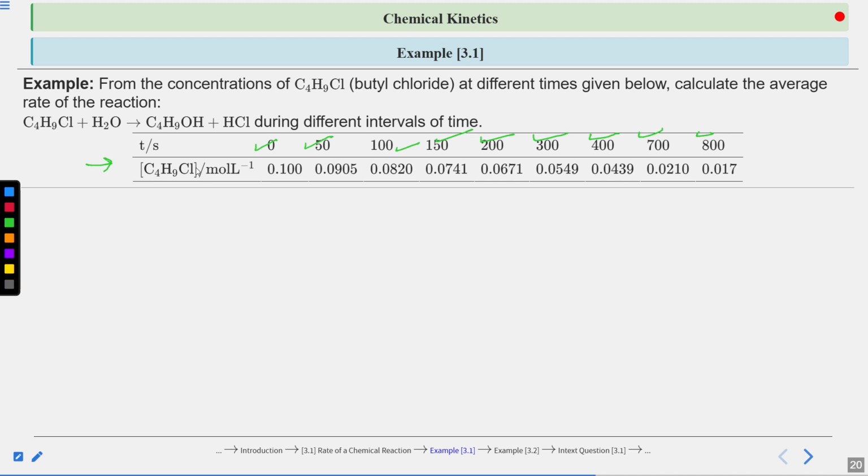And the concentrations of butyl chloride at those particular times are 0.100, 0.0905, 0.0820, 0.0741, 0.0671, 0.0549, 0.0439, 0.0210, and 0.017 at the different time intervals. These are the various concentrations of butyl chloride given. So what you have to find is the average rate of this reaction.